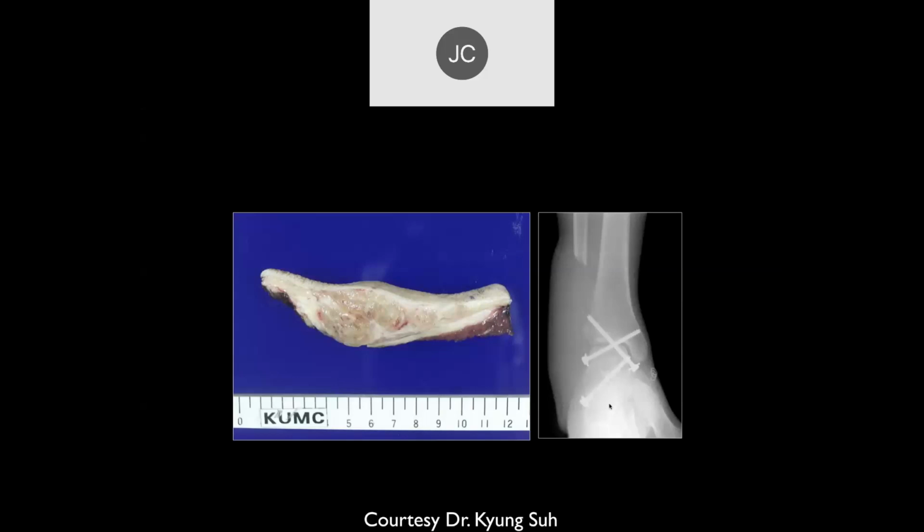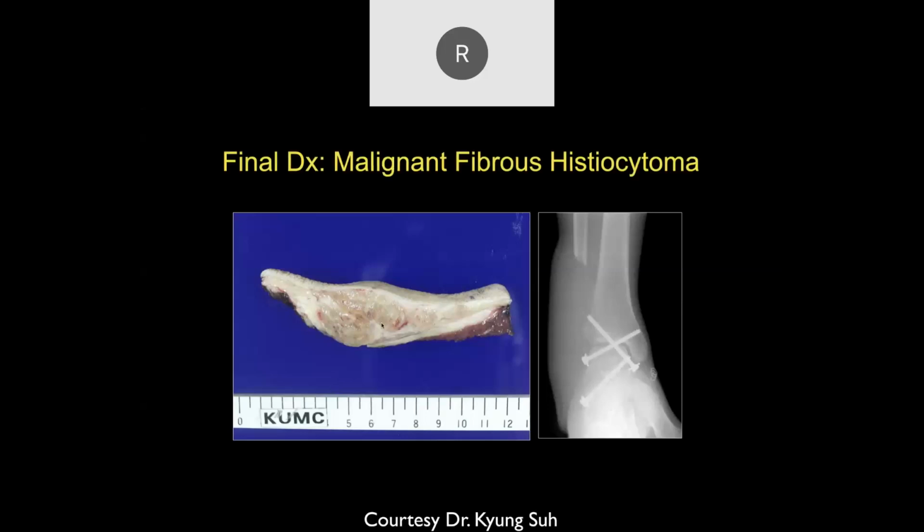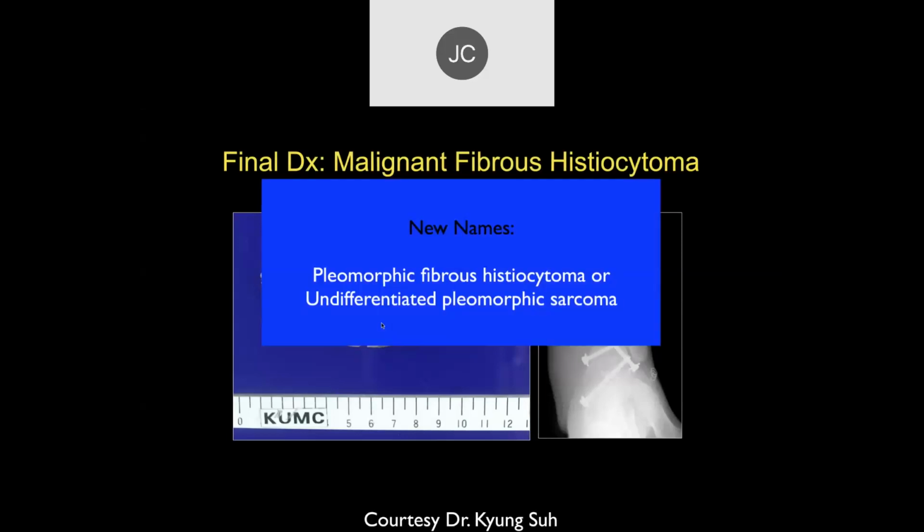And so it looks like he underwent resection of that. I'm assuming some sort of malignancy. Yeah, so this was a malignant fibrous histiocytoma. I think nowadays a lot of people like to use the term undifferentiated pleomorphic sarcoma.